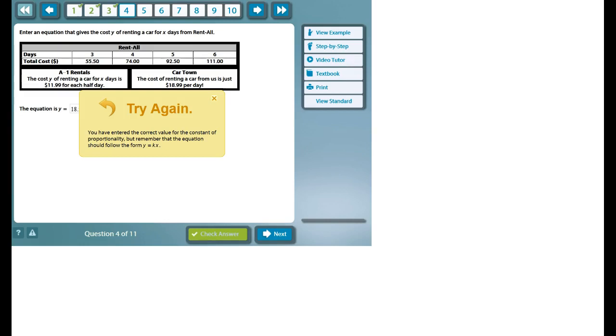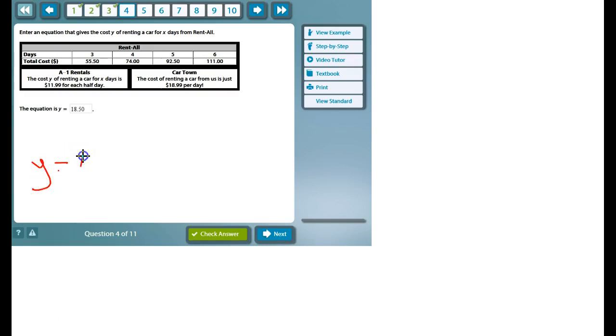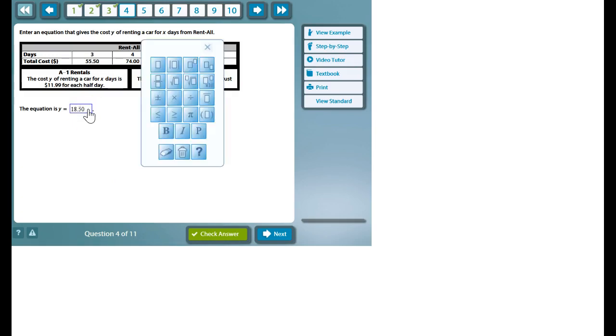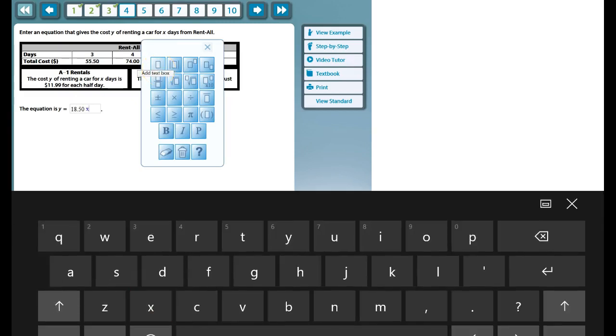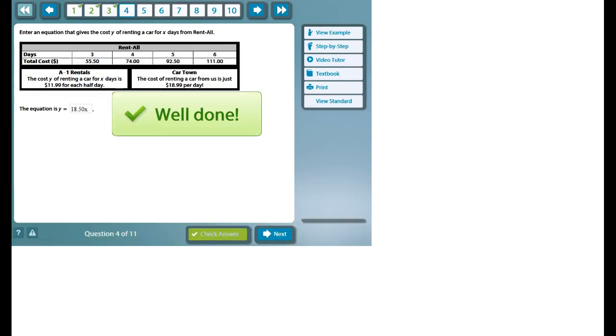Remember, y equals kx. So go back to our formula here. See, y equals kx. We solved for k. We said k was... Oh, you know what? I forgot the x. That's what I forgot. So simple. Got it.